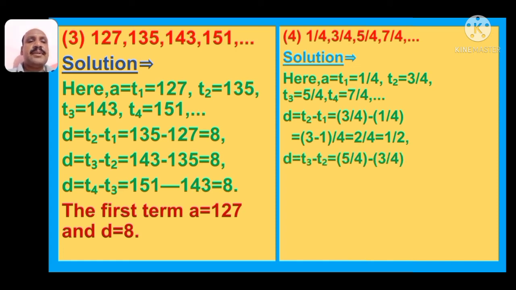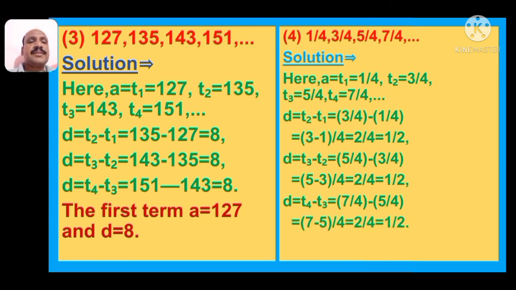Now next, D is equal to T3 minus T2 is equal to 5 upon 4 minus 3 upon 4, which is equal to 2 upon 4, that is 1 upon 2. D is equal to T4 minus T3, which is equal to 7 upon 4 minus 5 upon 4. That means 2 upon 4, that is 1 upon 2. Therefore, the first term A is equal to 1 upon 4 and the common difference D is equal to 1 upon 2.